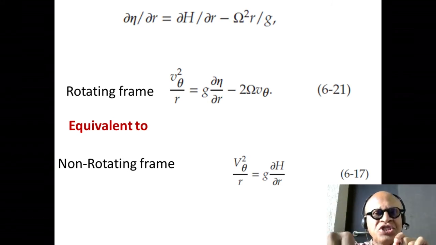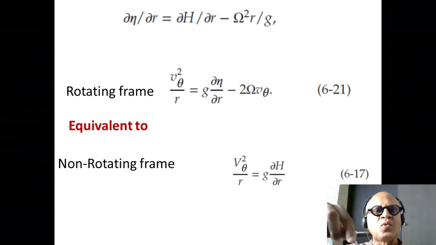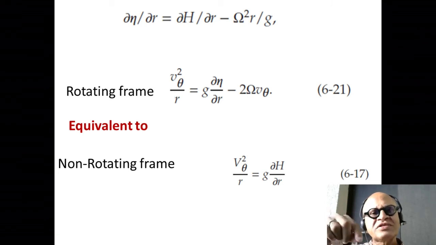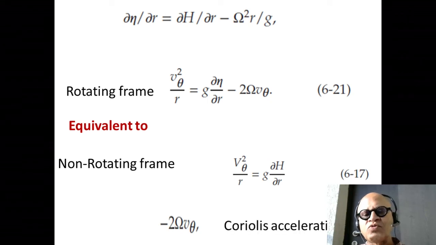But if you go into the tank and look with a camera that's rotating with the tank so it can see things in the rotating framework, then you are balancing the motion of the fluid in the azimuthal direction, the centrifugal force because of that, and the pressure gradient, as well as a term that is introduced because of the rotation, which is essentially on the planet what we would call the Coriolis acceleration.